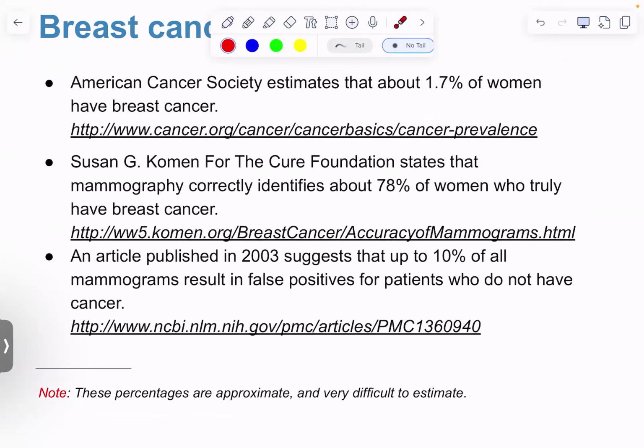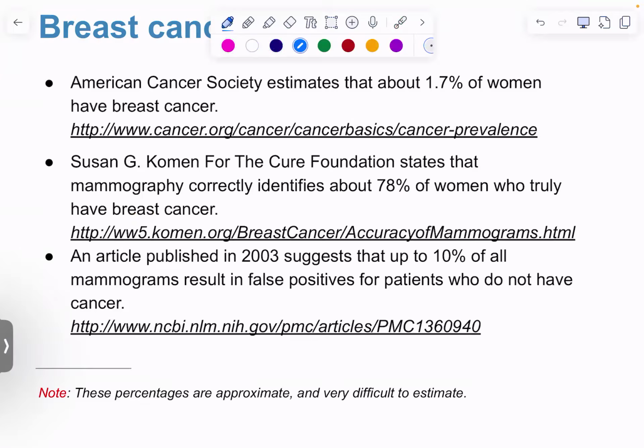Another way to determine which one is your first set of branches and which one is your second set of branches is that this 78% is conditional, right? It's conditional on, well, those who actually have breast cancer, right?